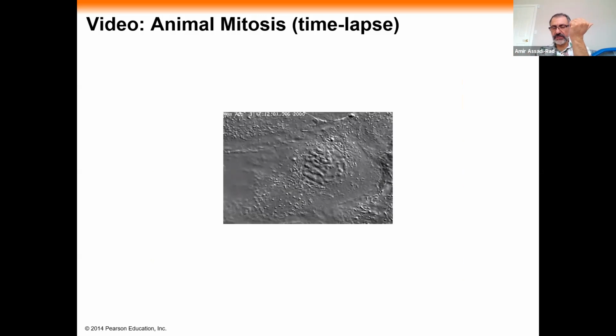As I said, you cut yourself and your skin grows back, not your muscles and not your nerves, but any other cells. And also, the cells of your body are always dying and growing back. For example, your skin cells die every 2 to 3 weeks, and new cells grow back. And that is mitosis.